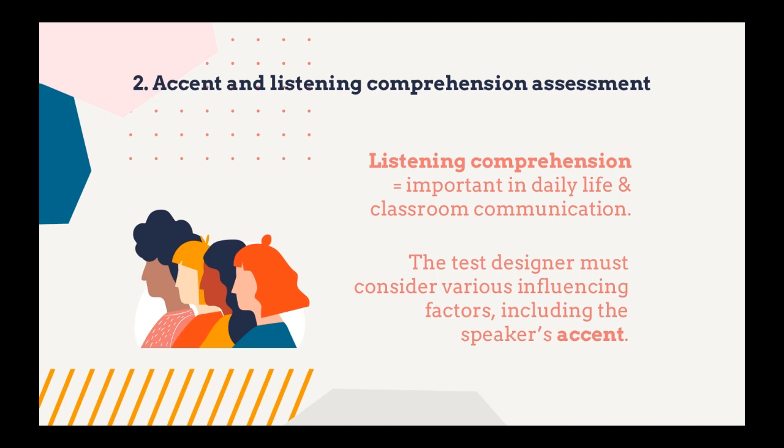When developing a listening comprehension test, the test designer must consider various influencing factors, ranging from topic familiarity to question format. Prominent among those factors is the input source, or the speaker's accent, which is a typical feature of spoken language.